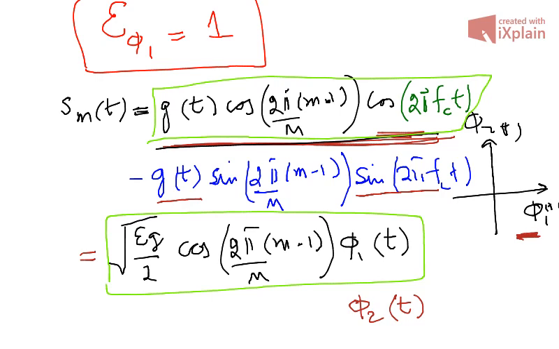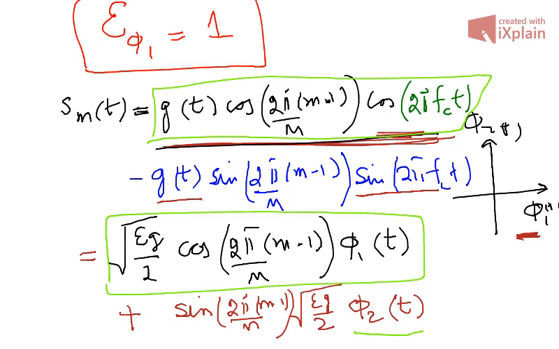So you need to multiply this with Eg over 2. So this will cancel out, and then you are just left with sine of 2 pi (m minus 1) over capital M. Right? And the negative sign is already there in this phi 2.